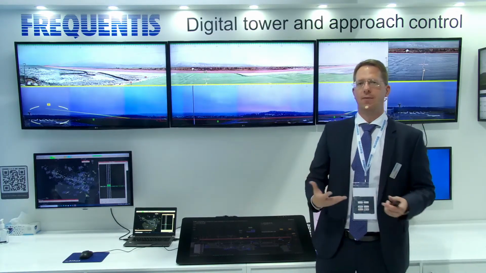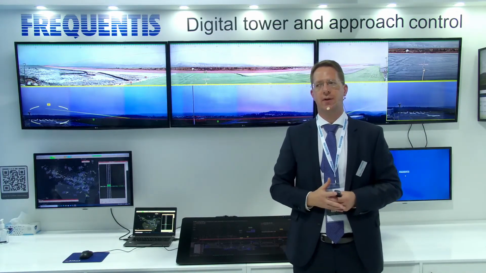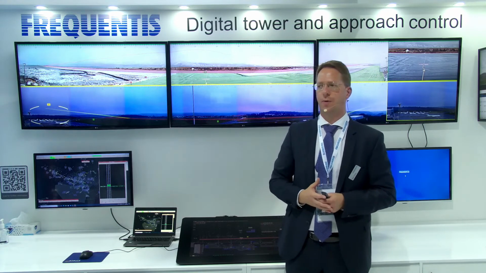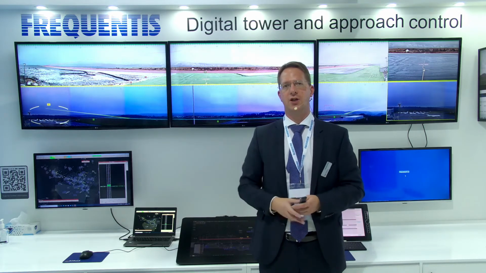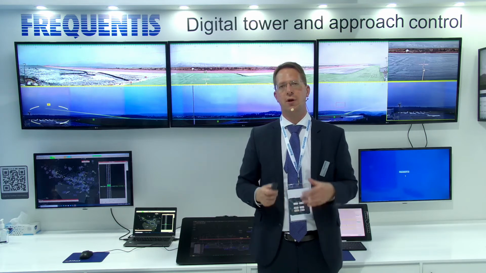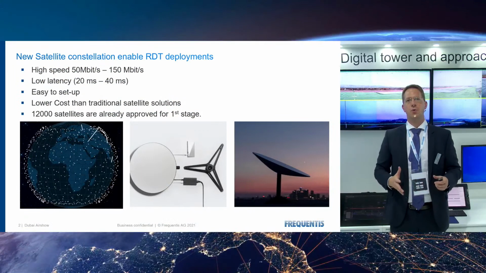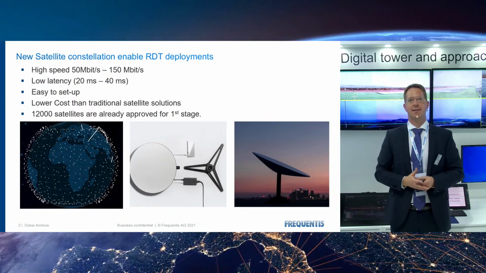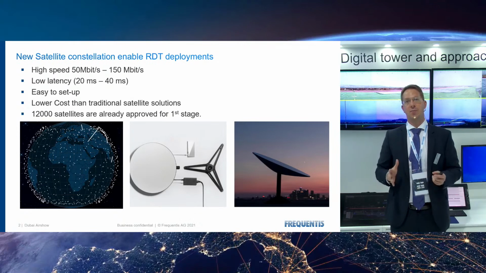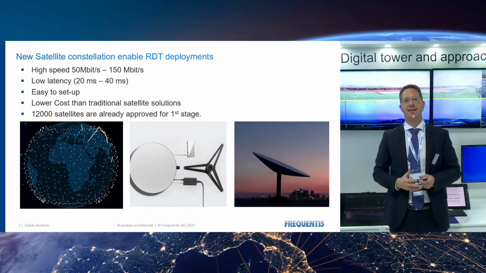So now we have some locations where a network is quite hard and challenging. So it can be either very remote locations with a poor bandwidth where no fiber optic is available, but also new emerging satellite constellations like Elon Musk's Starlink would enable in the future to connect remote towers via satellite network.